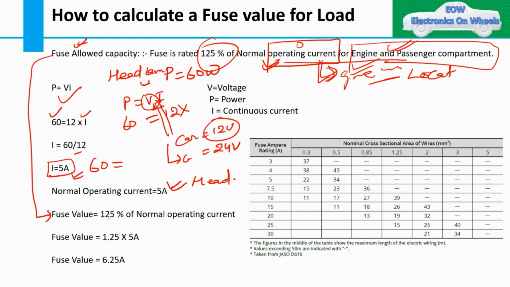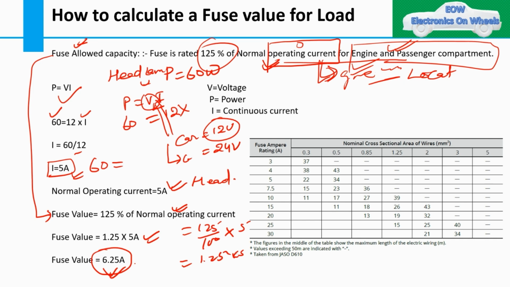So fuse value will be 125% of the normal operating current. So 1.25 into 5, or 125 divided by 100 into 5, so it is 1.25 into 5. This fuse value is coming to 6.25.